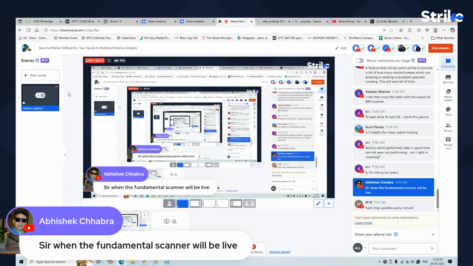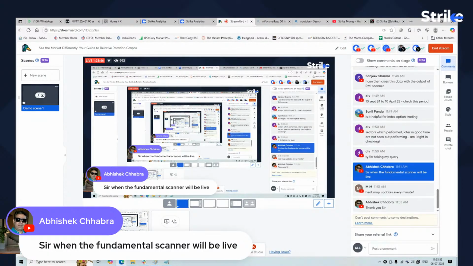Once all the screens move to 1 minute live, these things will be possible, which means that the system will also get fast, and hopefully we will have fewer and fewer bugs as we keep solving them. And once all those things happen, we will surely move to the fundamental scanners, because those are already ready. We need to test a few cases after moving everything to 1 minute. But this should be on the horizon soon.